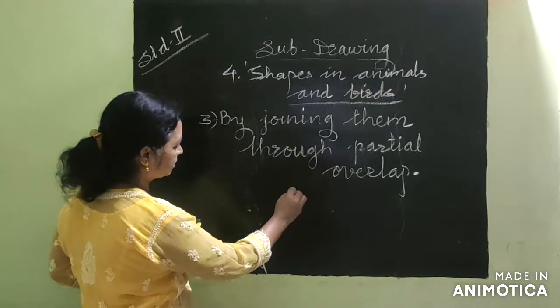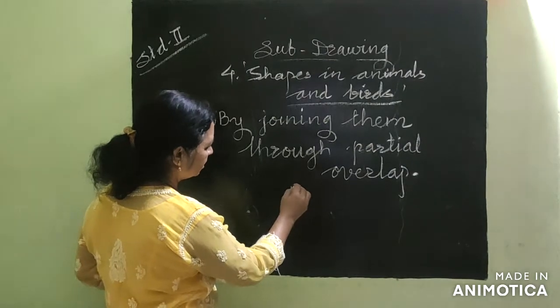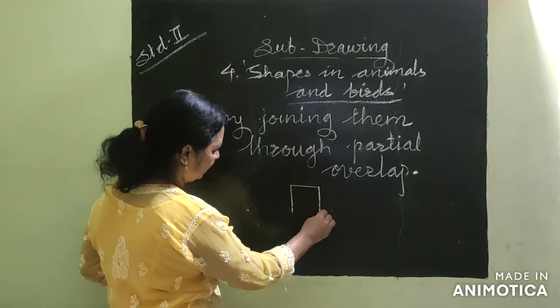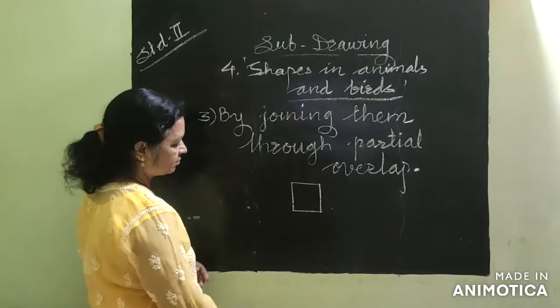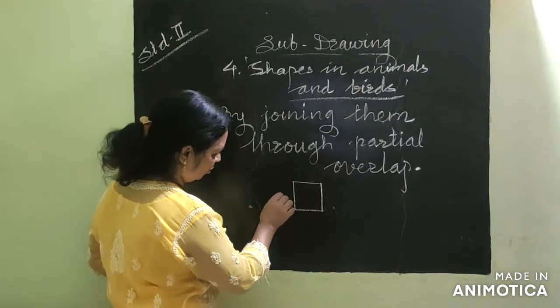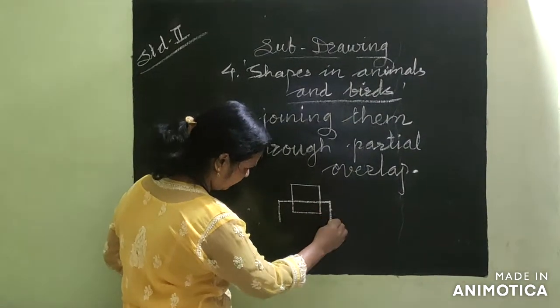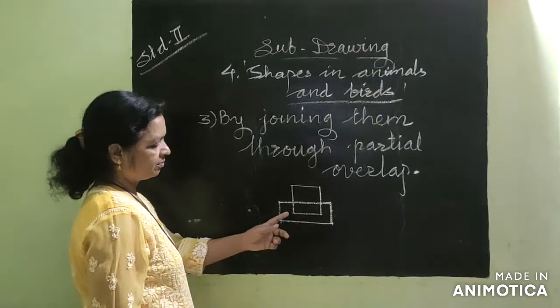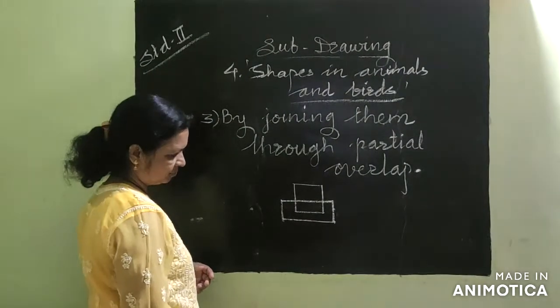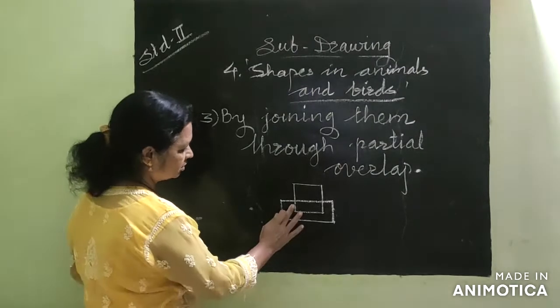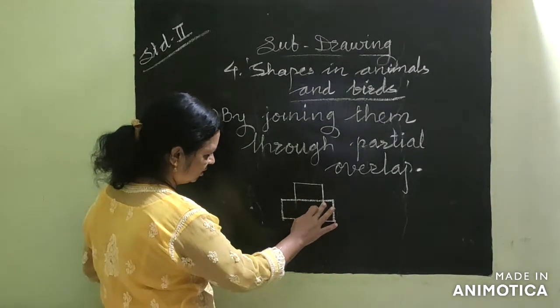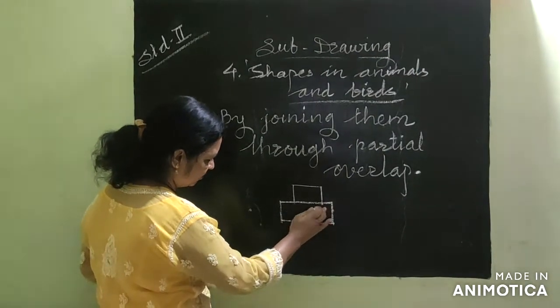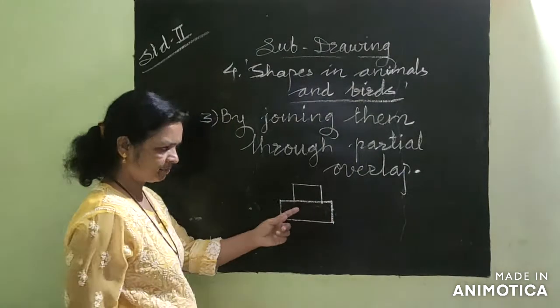Take the same examples. We have a square and we overlap a rectangular shape upon that shape. So when we remove the shape, we get a shape like this.